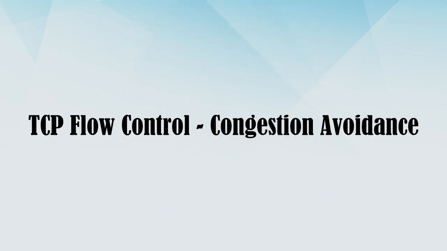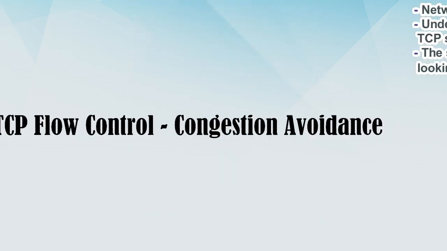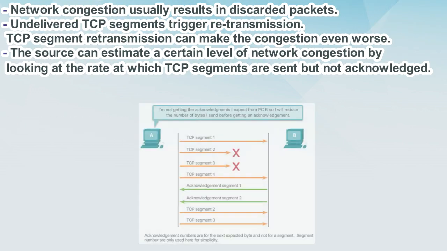TCP flow control, congestion avoidance. Network congestion usually results in discarded packets. Undelivered TCP segments trigger retransmission. TCP segment retransmission can make the congestion even worse. The source can estimate a certain level of network congestion by looking at the rate at which TCP segments are sent but not acknowledged.